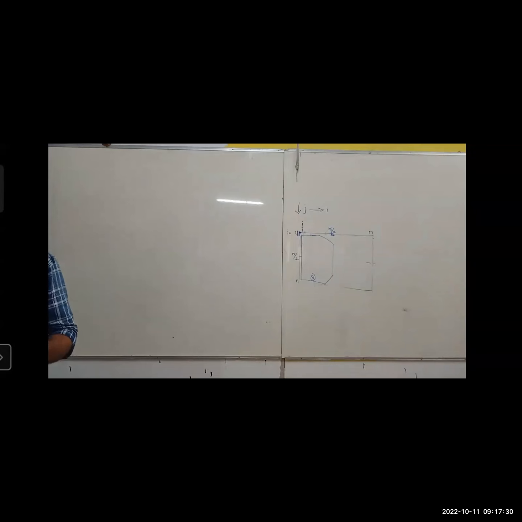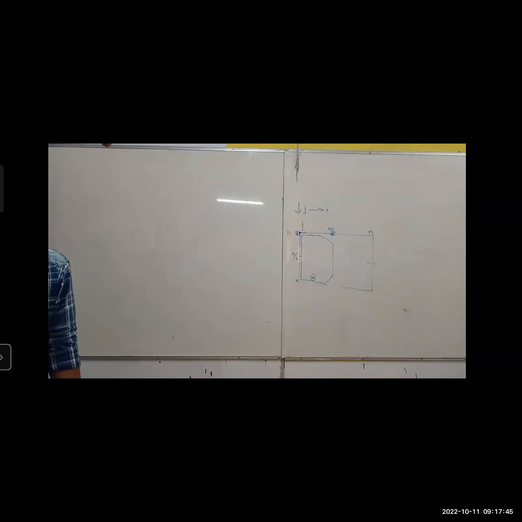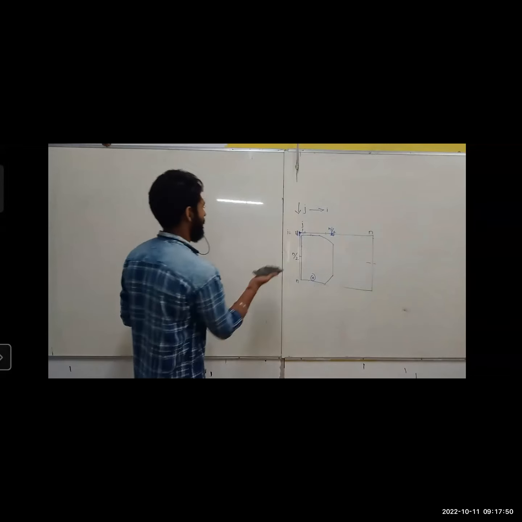Clear? If you do this by yourself, definitely you will have a very good grip over this. Clear? Okay. So next, what I want to explain to you is how to print diagonal elements.